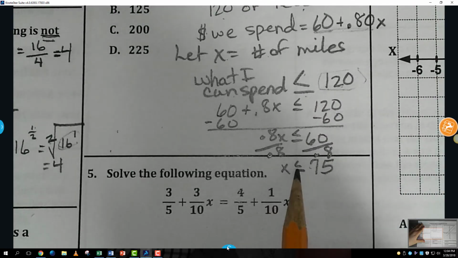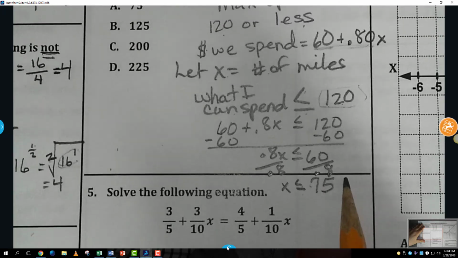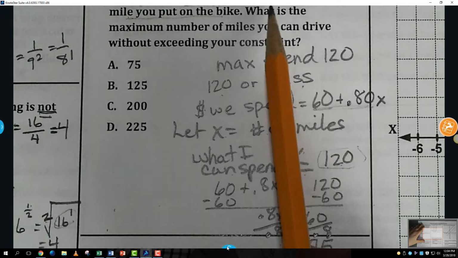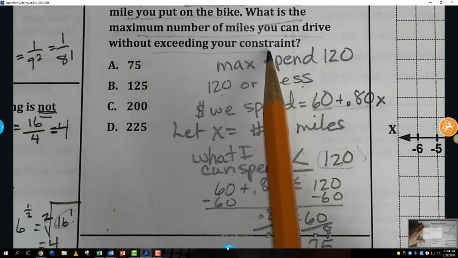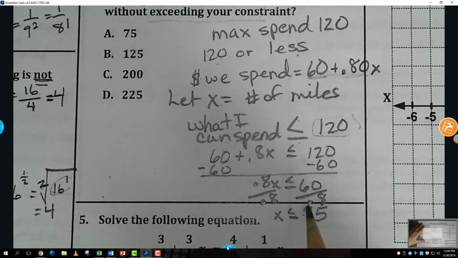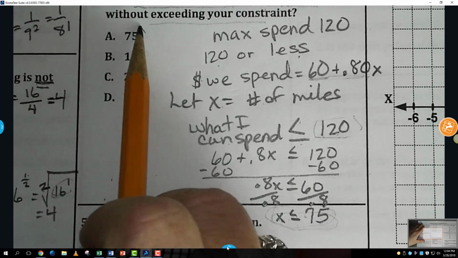So X can be less than or equal to 75. And the question is, what is the maximum number of miles you can drive without exceeding your constraint? So I can go up to 75 miles or less. So that would be A.